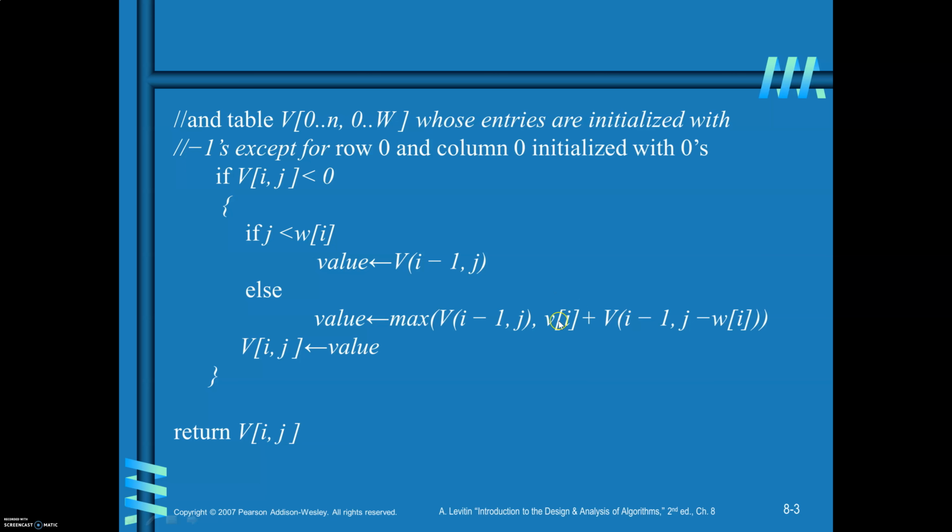If you accommodate the ith item into the sack, then you have to find the value v(i) plus V(i-1, j-w(i)). The maximum of these two values is assigned to value. Finally V(i,j) will be equal to value. Return the V(i,j) value.